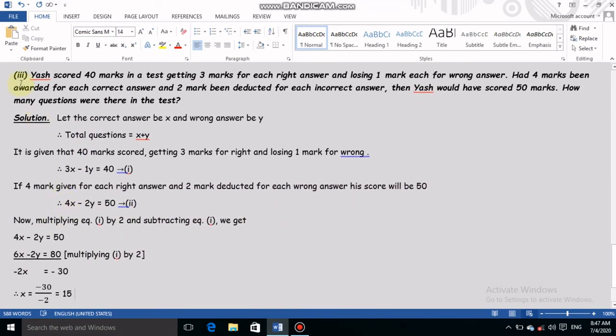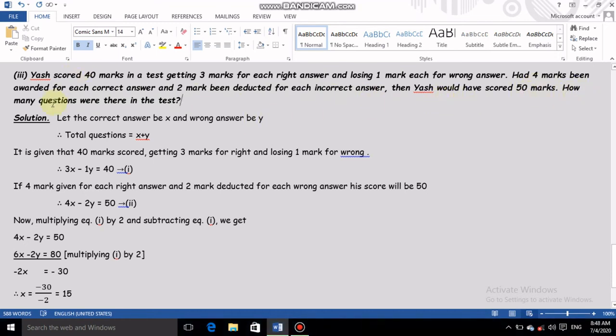Now, question 3. A scored 40 marks in a test, getting 3 marks for each right answer and losing 1 mark for each wrong answer. Had 4 marks been awarded for each correct answer and 2 marks been deducted for each incorrect answer, then A would have scored 50 marks.